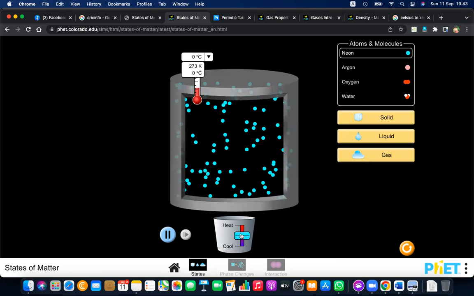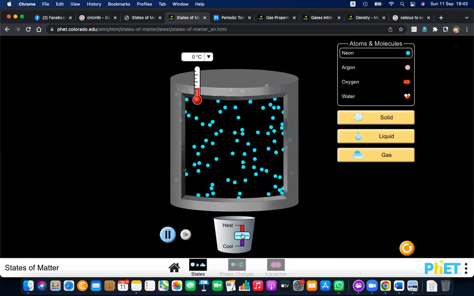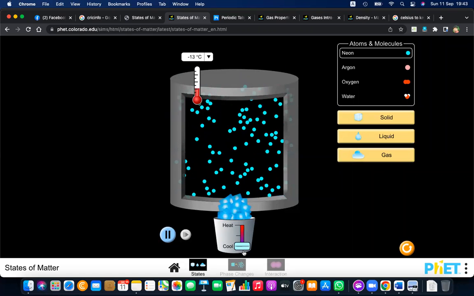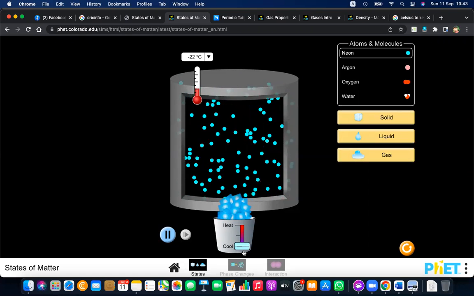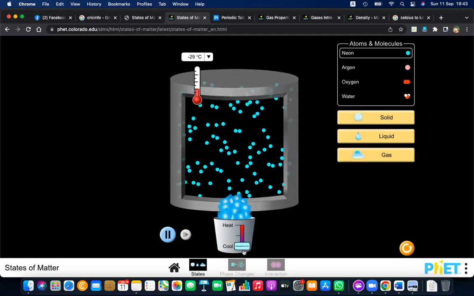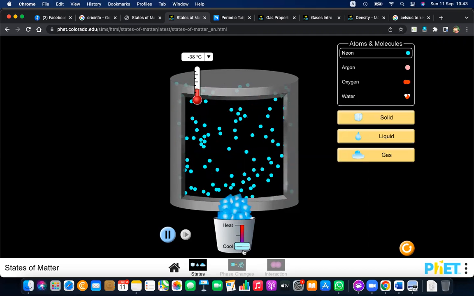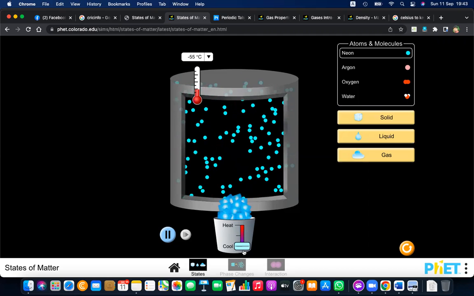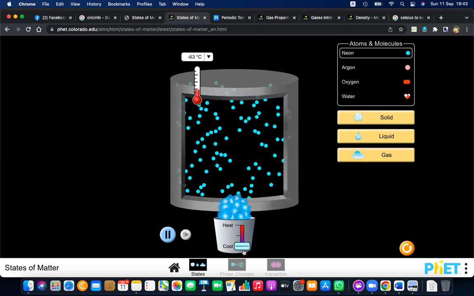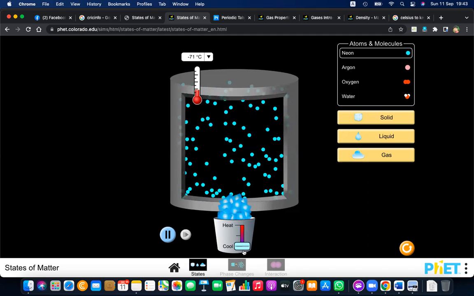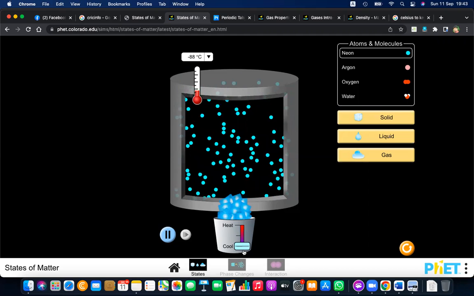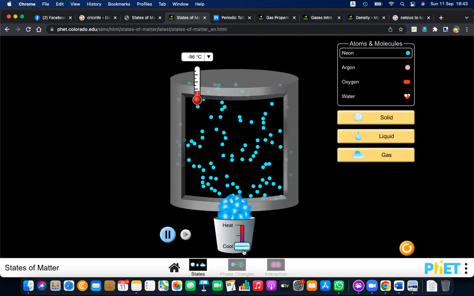When you cool this down, what will happen? Let's cool down. Now minus degrees of Celsius, you can see. I'm cooling this down further. Now minus 50, 60 degrees, but still you can see it's behaving as a gas. Let me cool down further.